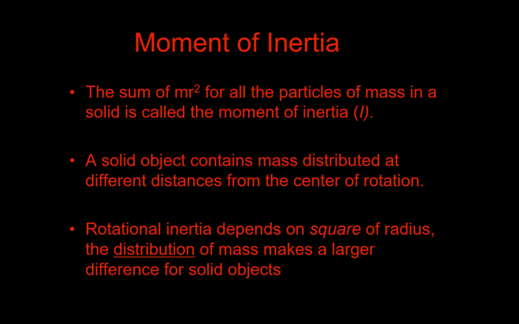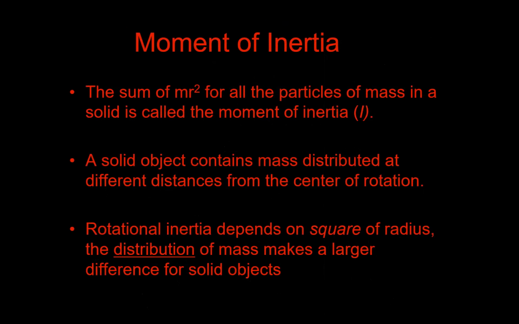So essentially what you're doing for the moment of inertia is the sum of mr squared for all the particles in a solid. And any solid object contains mass distributed at different distances from the center of its rotation.